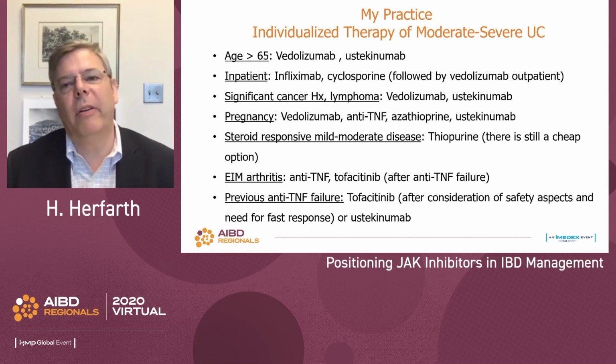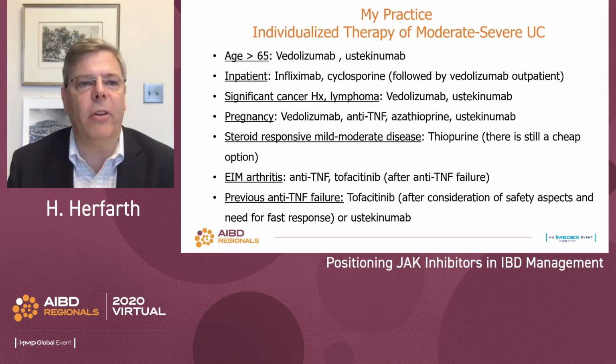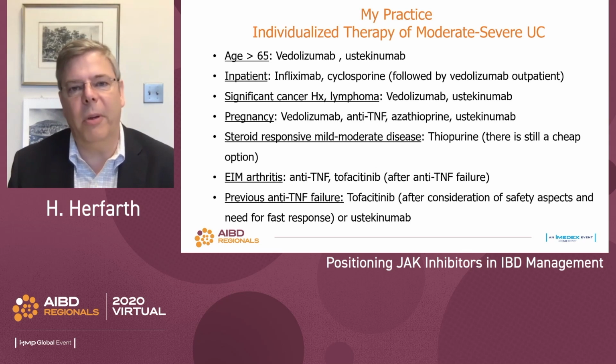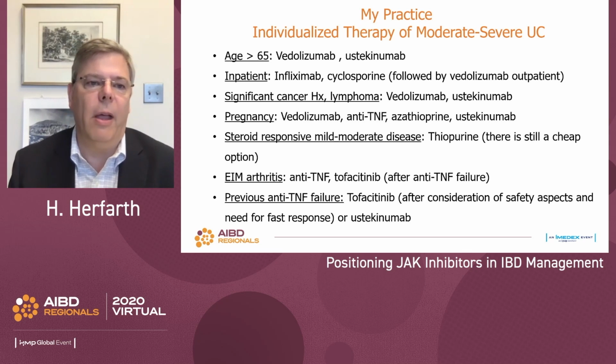In my practice, and this includes anti-TNF naive patients and patients above age 65, I consider first-line vedolizumab or ustekinumab. In inpatients, it's infliximab or cyclosporin followed by vedolizumab. If you have a significant cancer history or lymphoma history, it's vedolizumab or ustekinumab. In pregnancy, you have a whole choice, but tofacitinib is not approved, so it's not in this choice.